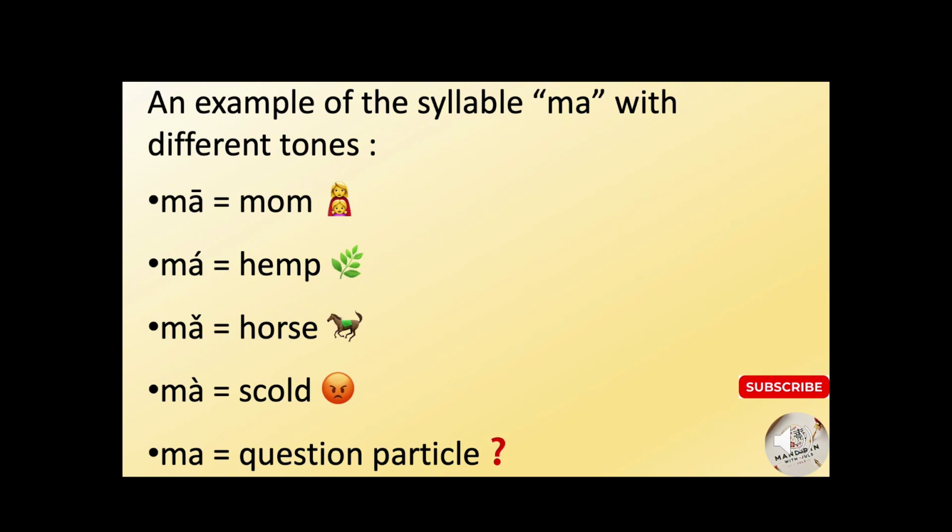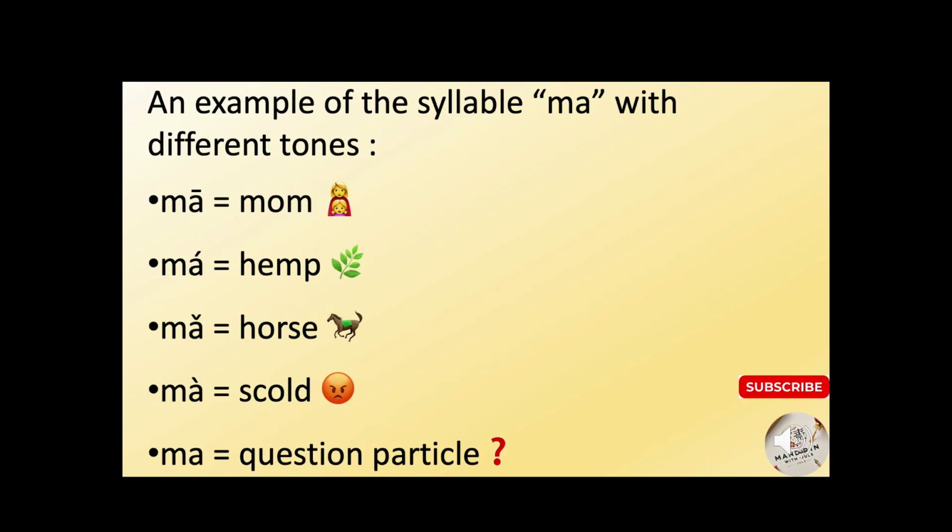Mā means mom, which is read as mama. We have má, hemp. Mǎ, which is a horse. Then you have mà, to scold, as in "tā mà wǒ". Then we have ma, the question particle.